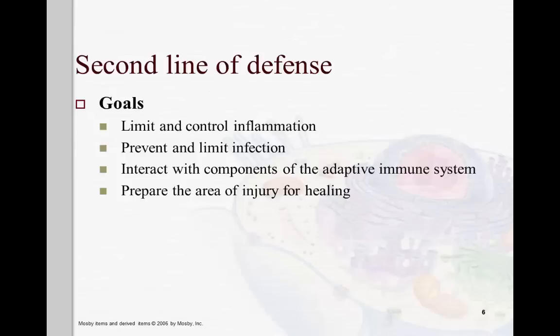In addition, it will create channels through the epithelium that will activate the drainage of lymphatic vessels. Again, in conjunction with the coagulation cascade, it will initiate the mechanism of healing and repair.